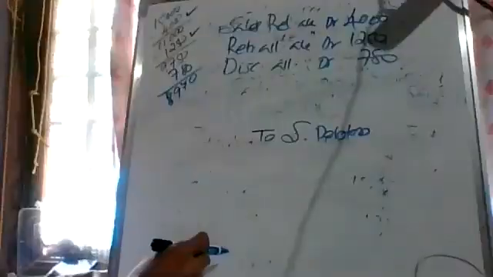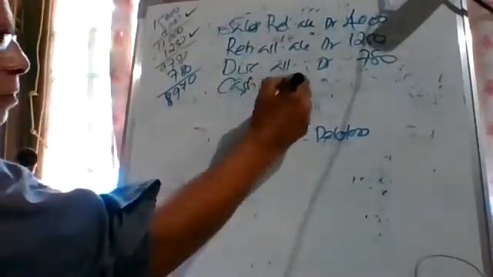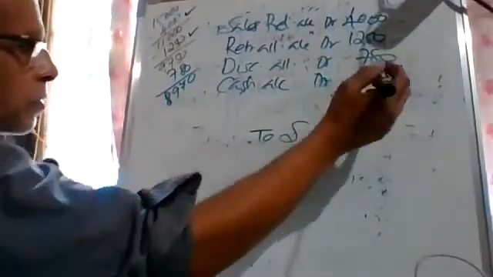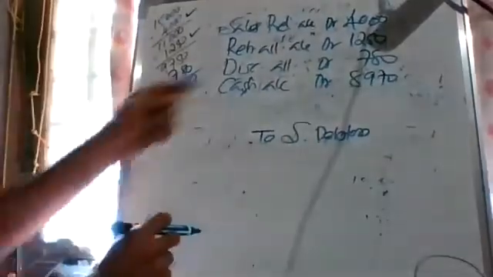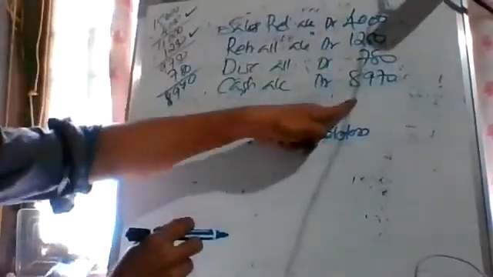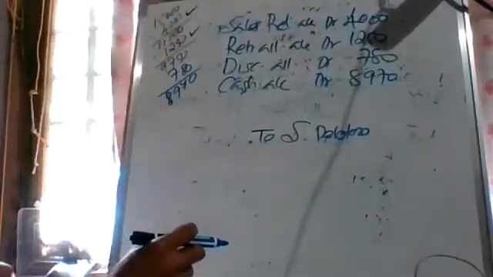Next, cash account debit, 8970. If you take the total, it will match with this sales.